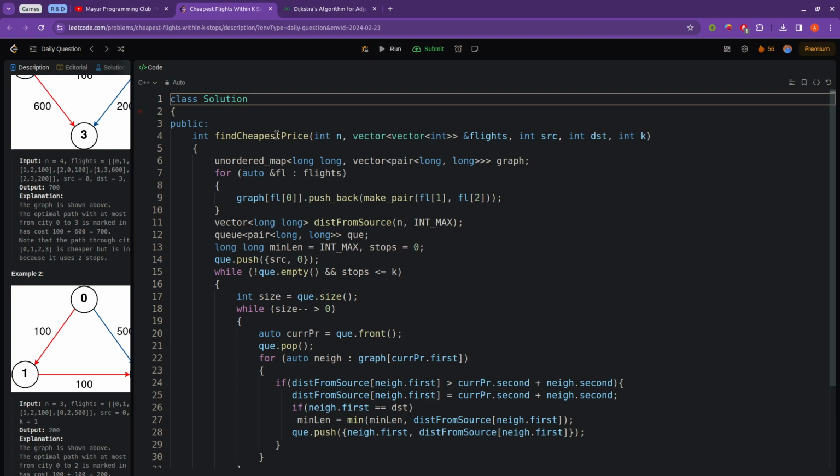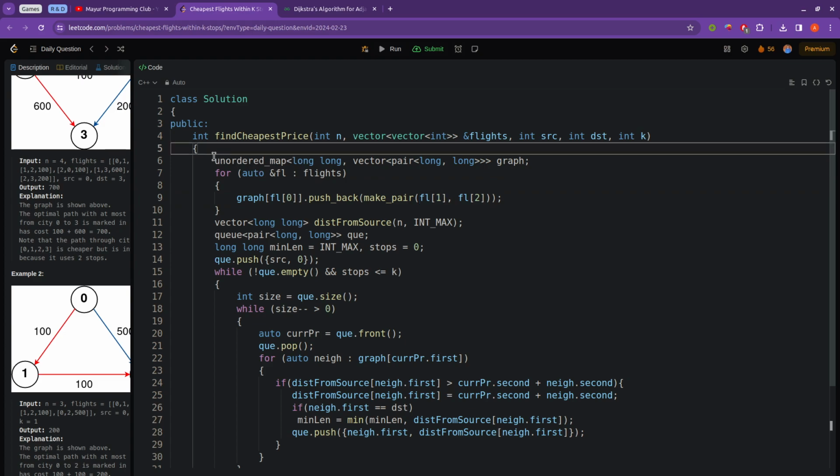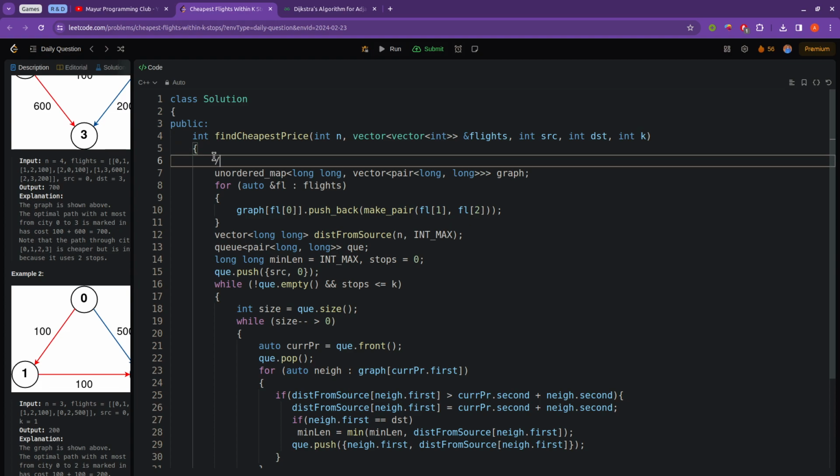So this is the implementation part. First of all we will be building a graph. The graph will have this kind of structure: node, and then neighbors, and with neighbors there will be two things.